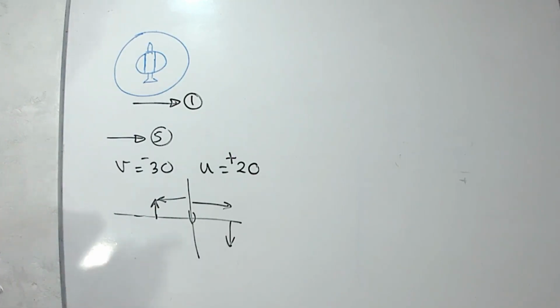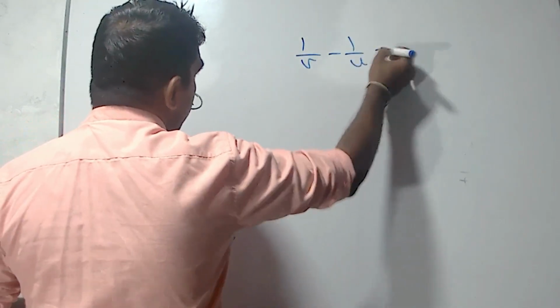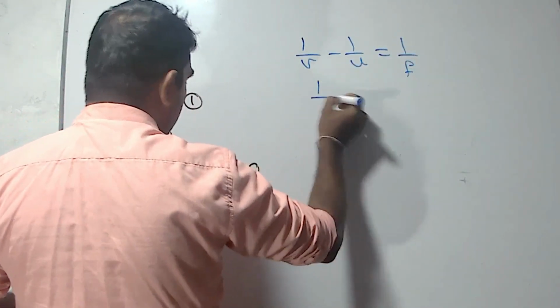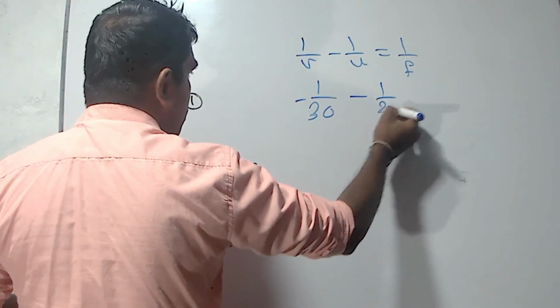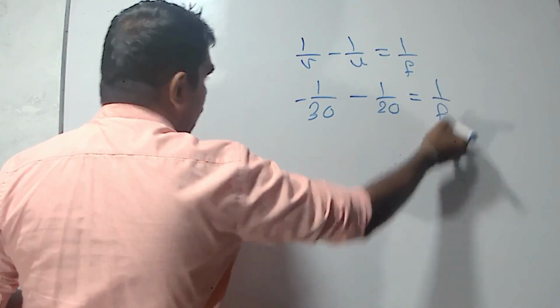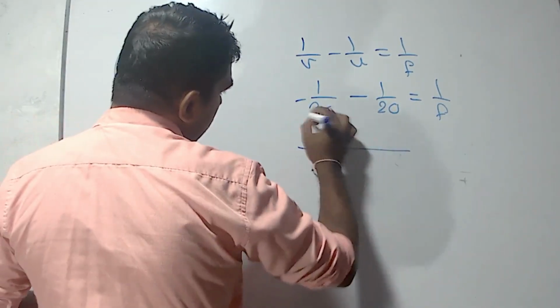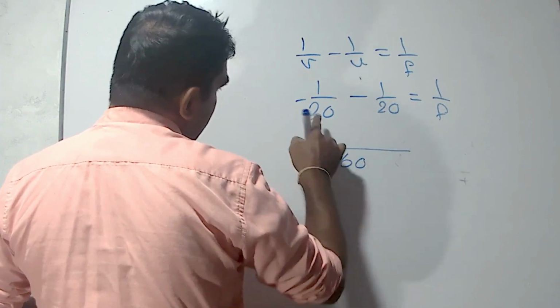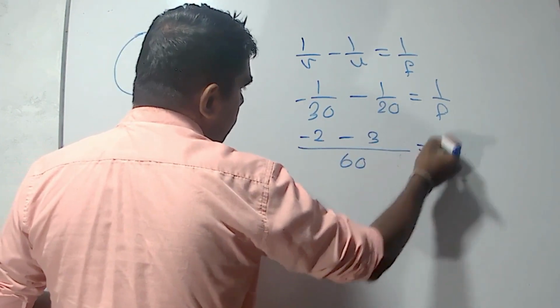Then we can use the lens formula, 1 over V minus 1 over U equals 1 over F. Image distance 30, it is a minus value. Object distance 20, it is a plus value. We have to find the focal length. LCM 60, 60 divided by 30 is 2, 60 divided by 20 is 3.